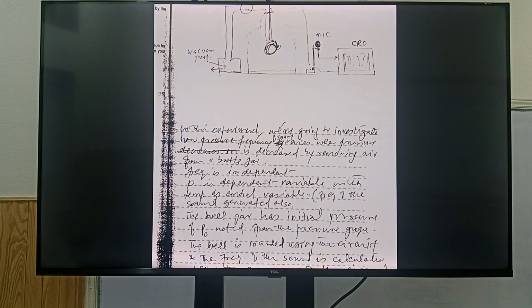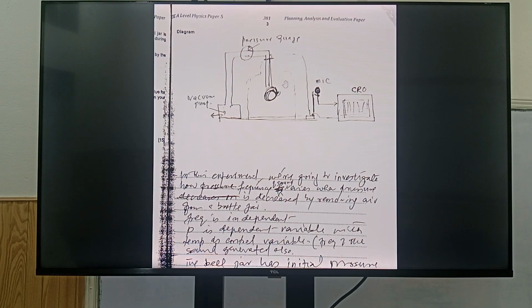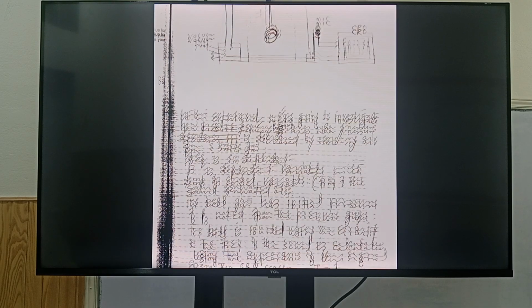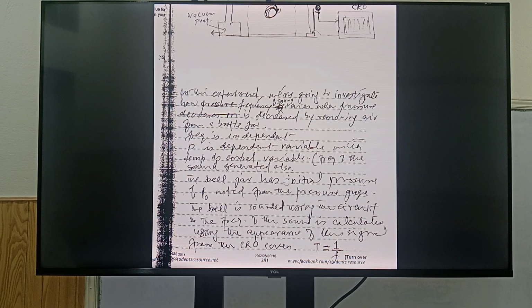Then you will describe this picture that you have already made in the space provided for it. The bell jar has an initial pressure P naught noted from the pressure gauge. The bell is sounded using the circuit, and the frequency of the sound is calculated using the appearance of the signal on the CRO screen.